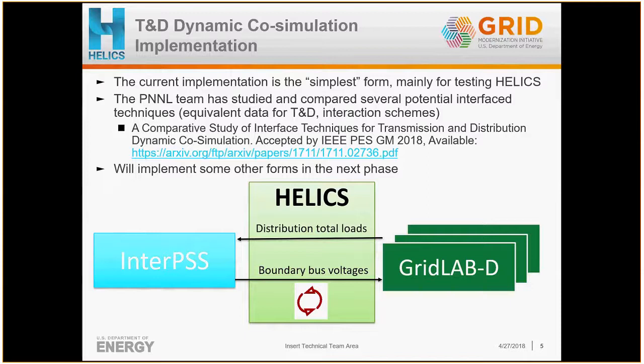So I will not go into detail about these two technical topics, but I'll mention that we have studied this and written a paper that may be presented at the coming general meeting. And we are going to implement some other forms in the next phase of this use case.